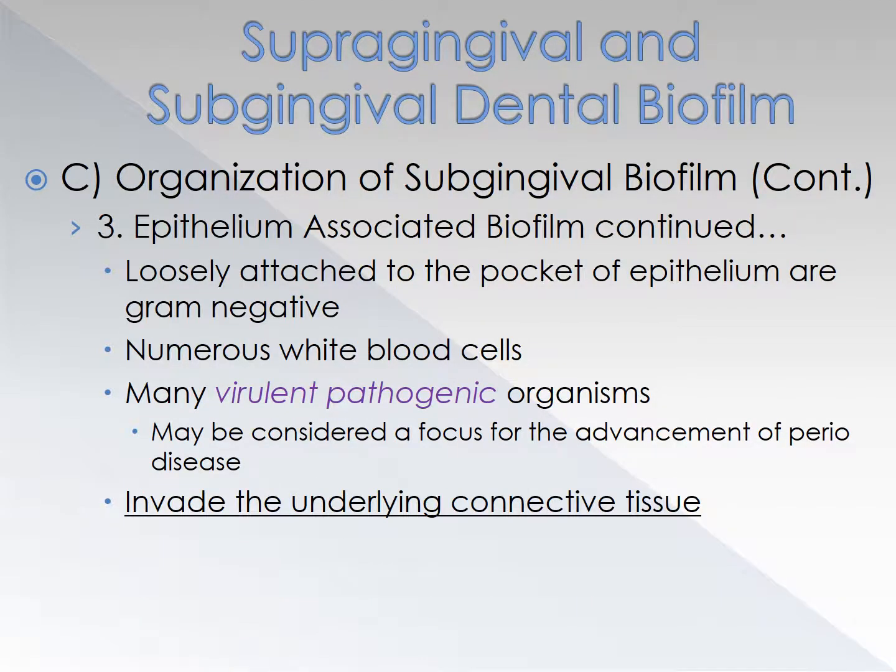Okay, so continuing the organization of subgingival biofilm, the epithelium-associated biofilm. It is loosely attached to the pocket epithelium, and they are gram-negative, often consisting of white blood cells and many virulent pathogenic organisms. So in the initial layer, you're going to see the Actinomyces that give rise to the intermediate layer, composed of the spindle-shaped cells.